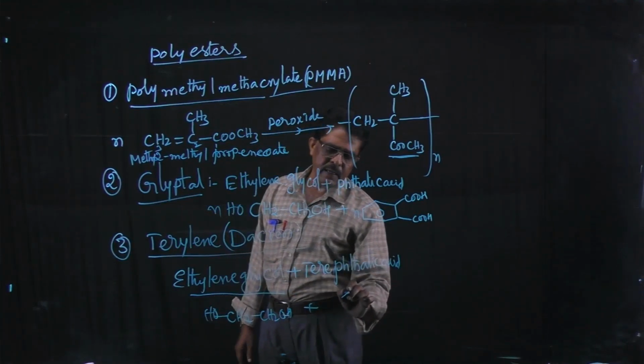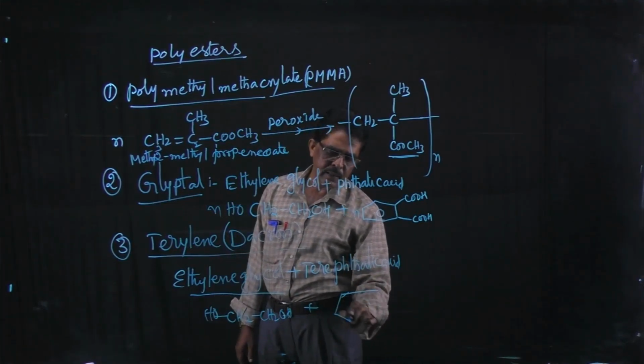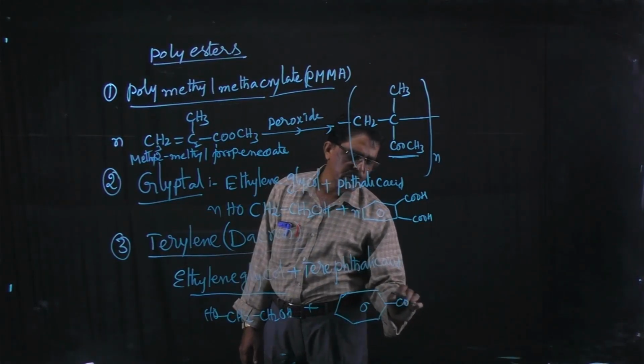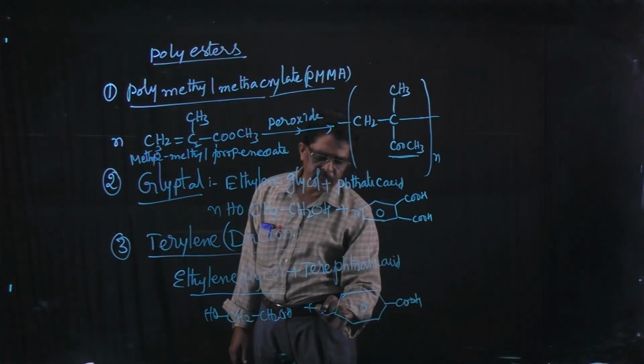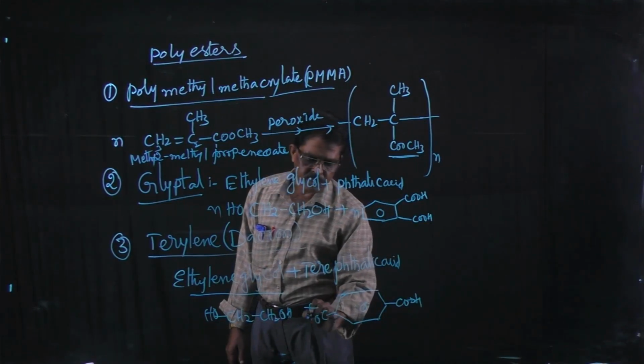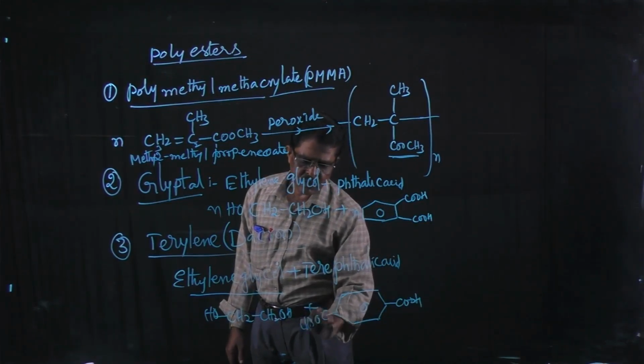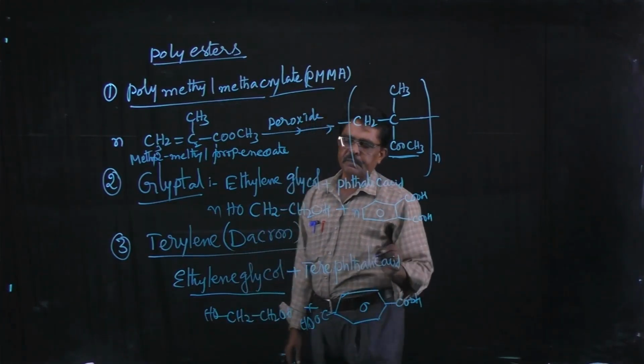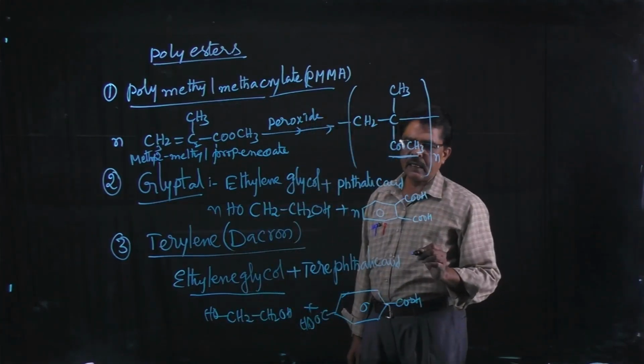And terephthalic acid, benzene ring consists of what? 2 COOH groups at 1,4 position is said to be what? Terephthalic acid. Both are undergoing polymerization. Then we will get terylene or dacron, right?